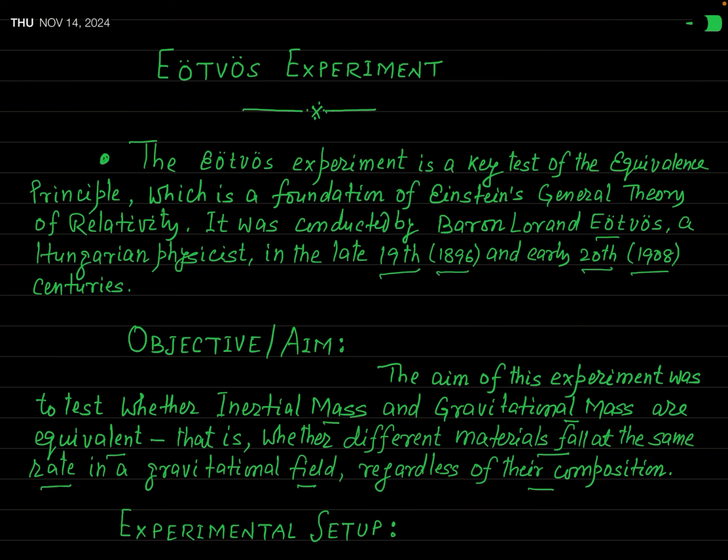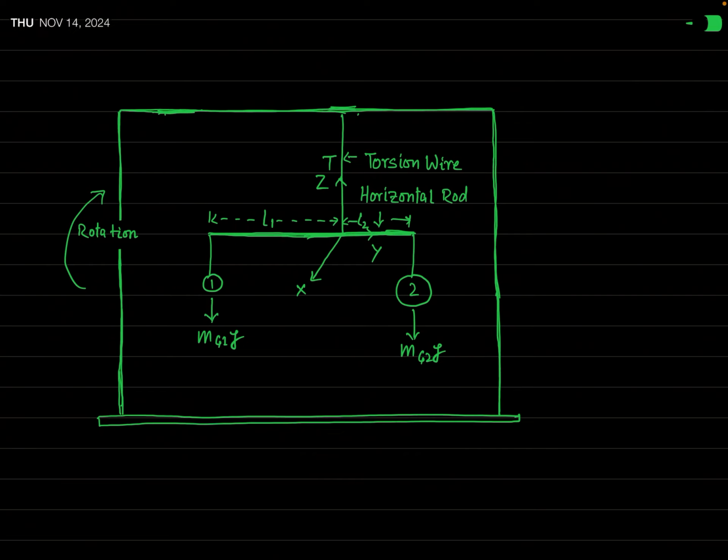Now let us see how this experiment was performed, what was the experimental setup. In this figure I have shown the schematic diagram of the apparatus used in this experiment. And from this figure you can see the most important part of this apparatus is a torsion balance.